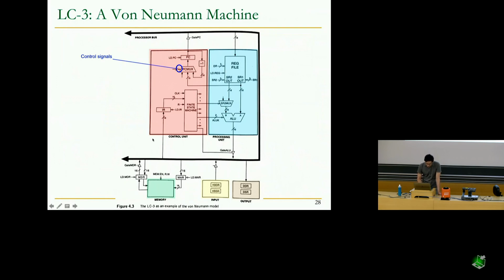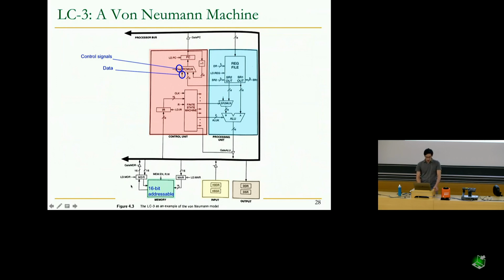Actually, if you see here in the control unit where we have the finite state machine, we have many arrows that start in the finite state machine and go to all the different components of the LC3. And then we have the black arrows that are for data.